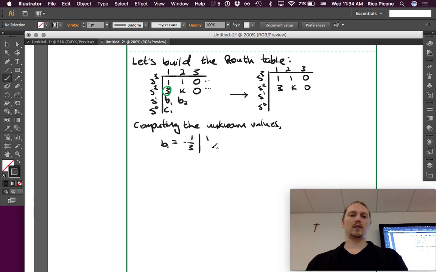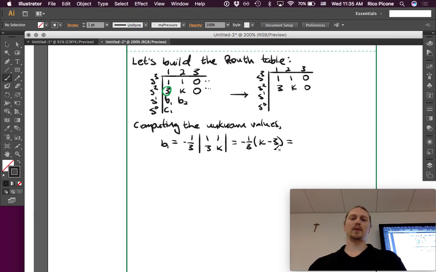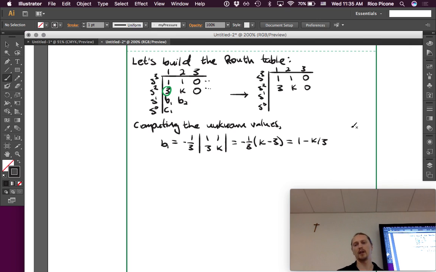1, 3, 1, 2. Yeah, so take that first column, always that first column, and then you take the next column because we're in the first B calculation, and that is 1 times k is k minus 3 times 1 is 3, so we have negative 1/3 times k minus 3, which is equal to 1 minus k over 3, switching the terms here, which I think is a slightly simpler way to express it.